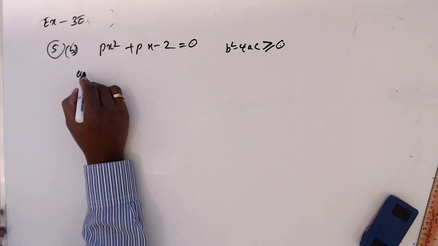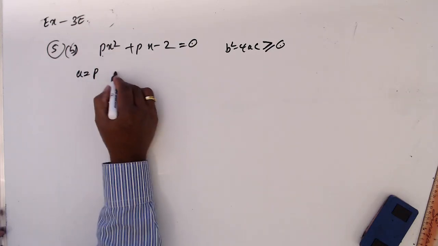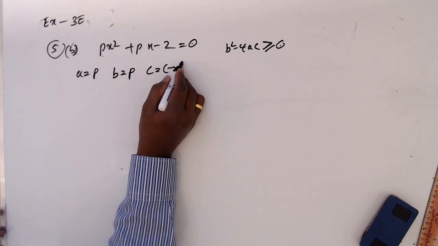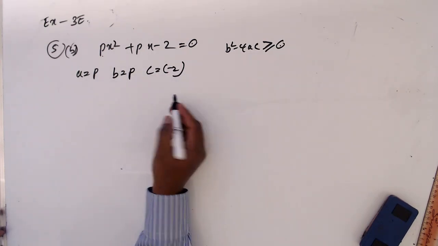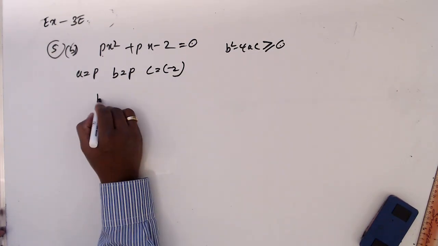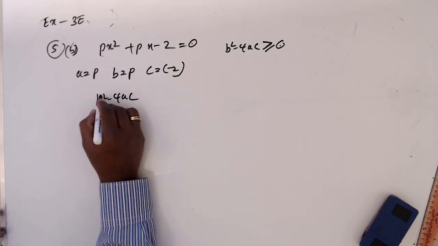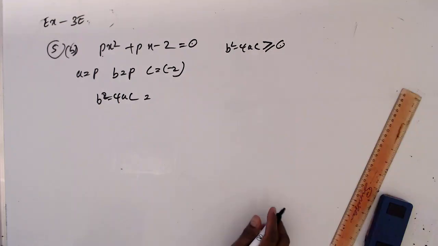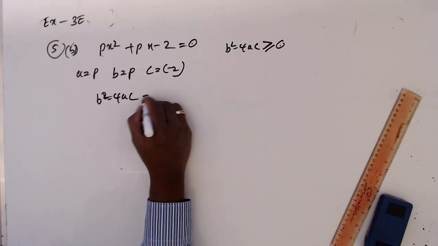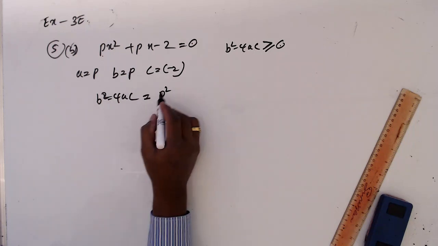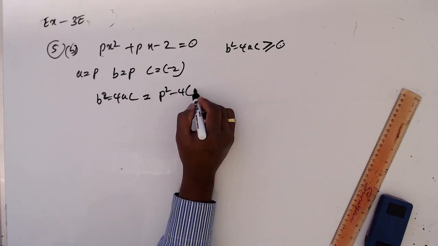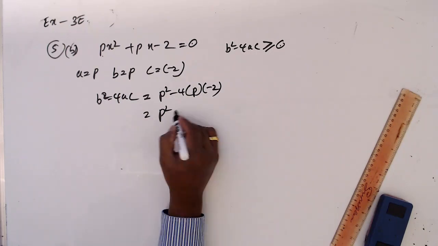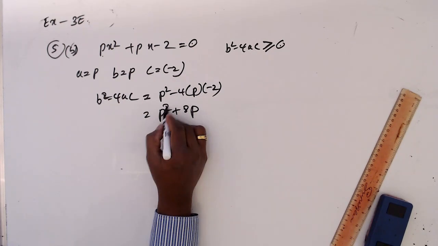Then we'll work now. a value is p, b is p, c is minus 2. Now b square minus 4ac equals p square minus 4 times p times minus 2, p square plus 8p.